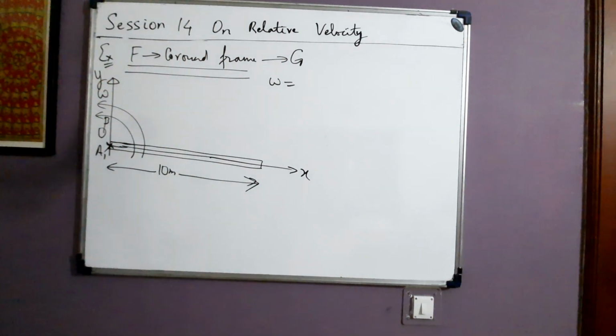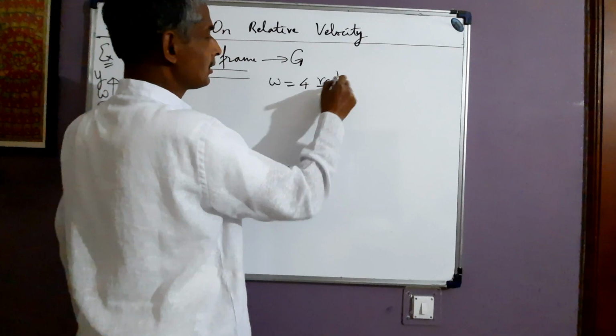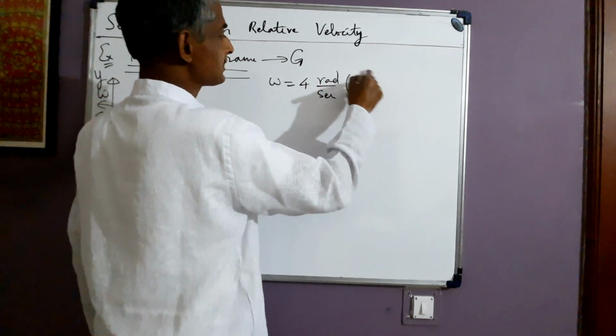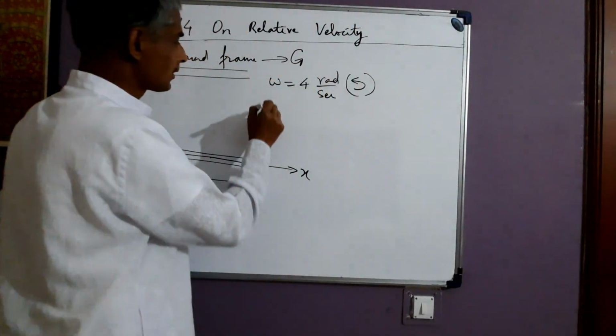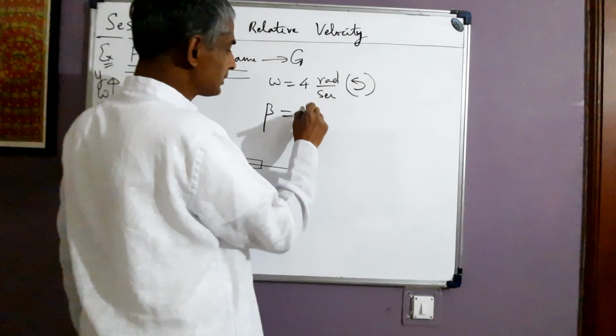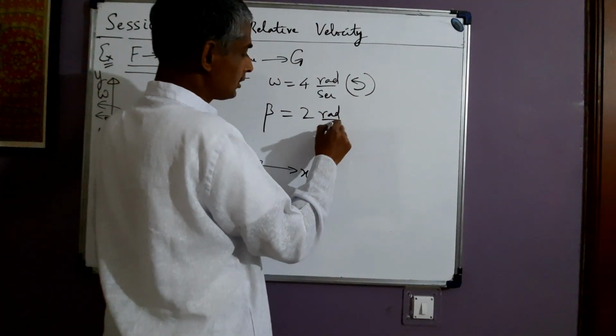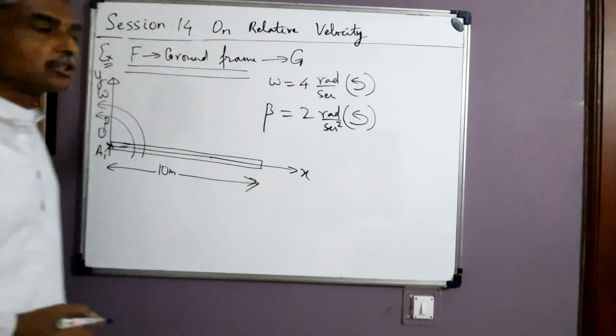Omega is given to be 4 radian per second at that instant. This arrow indicates that its sense is anti-clockwise. And angular acceleration beta is given to be 2 radian per second squared, also in an anti-clockwise sense.